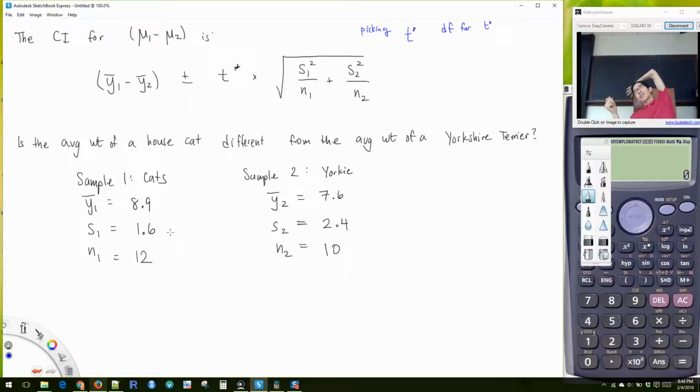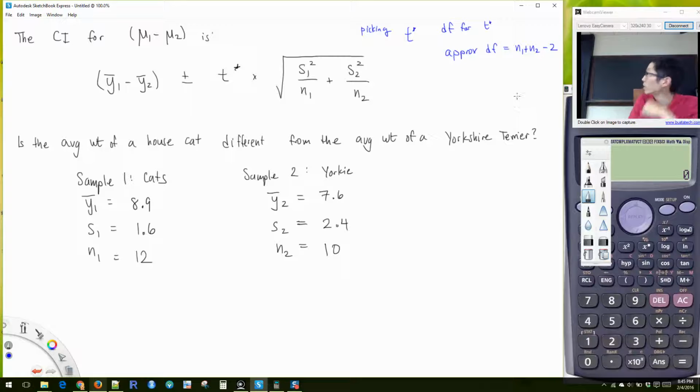So there's a formula to approximate the degrees of freedom, but because that formula is still complicated, we have another way to just approximate that formula. So we'll approximate degrees of freedom with n1 plus n2 minus 2.